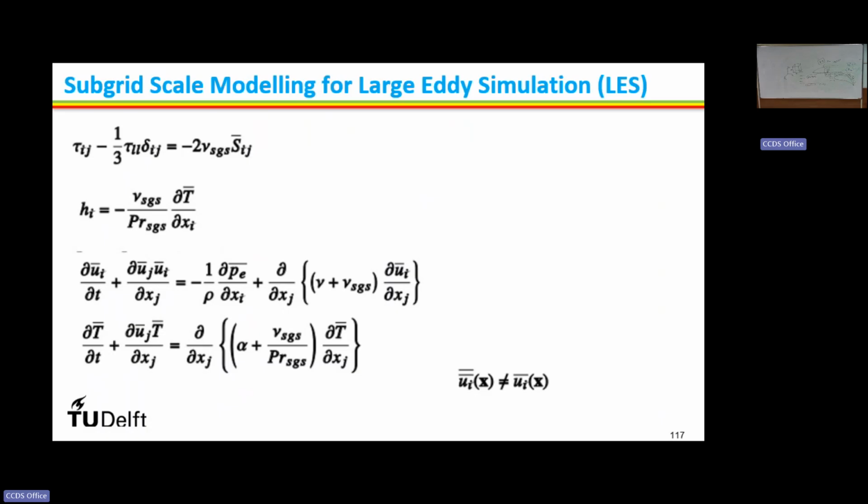There we call it eddy viscosity; here in the LES we call it subgrid scale viscosity. Similarly, the turbulent heat flux is directly proportional to the mean temperature gradient, and the proportionality constant is the ratio of subgrid scale viscosity to subgrid scale Prandtl number.